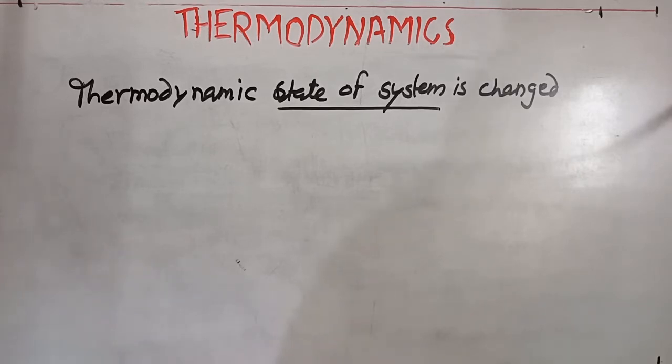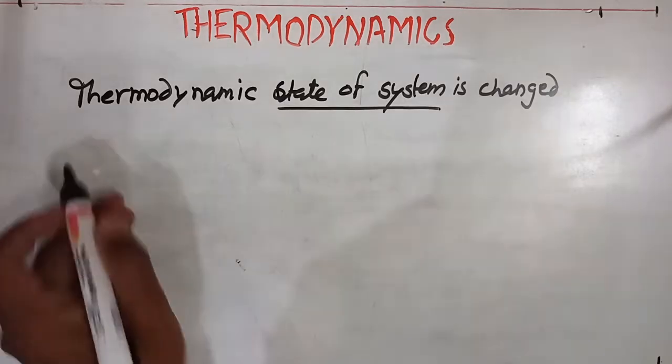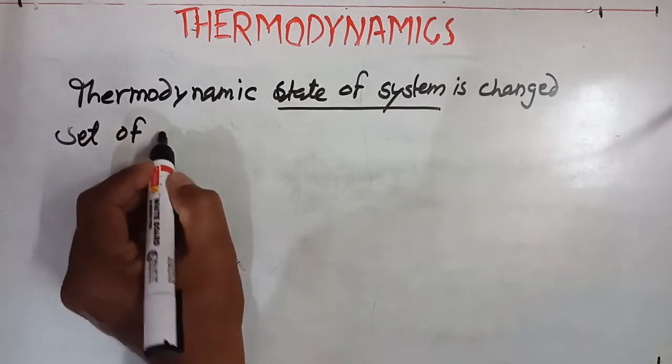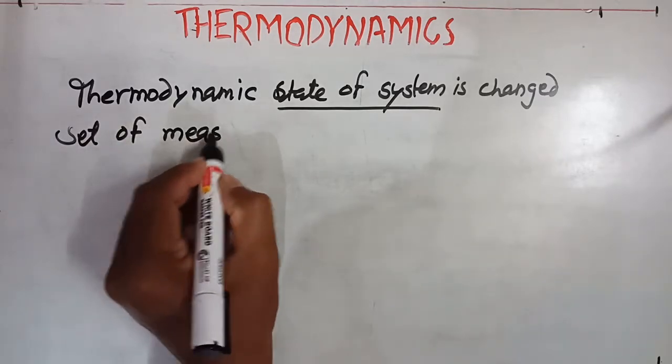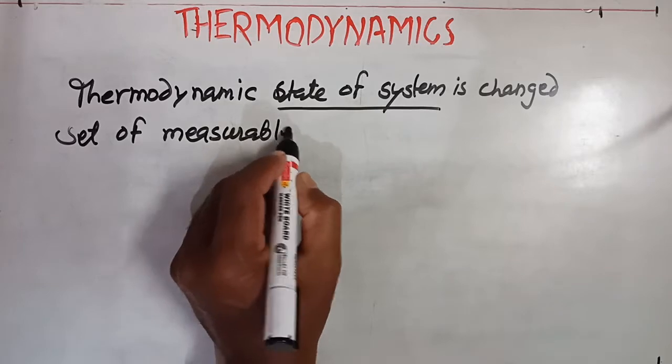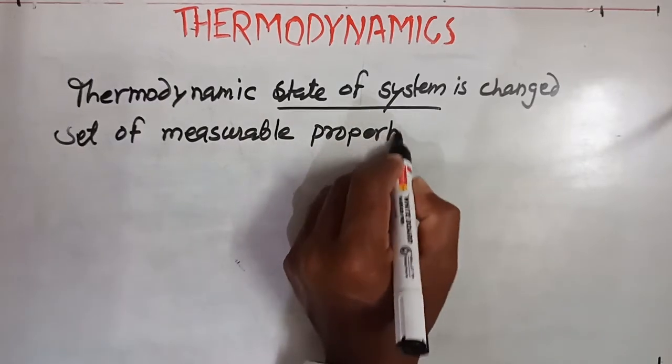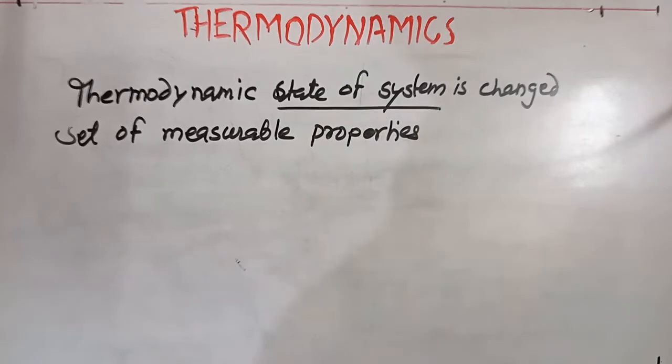We have also seen the thermodynamic state of a system. In short, the thermodynamic state of a system is a set of measurable properties. And which are the measurable properties?